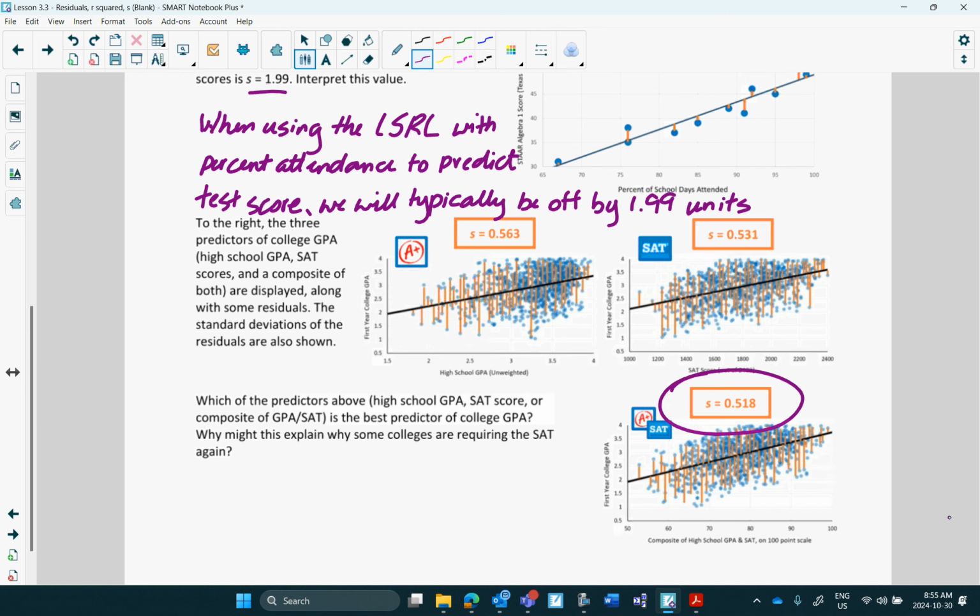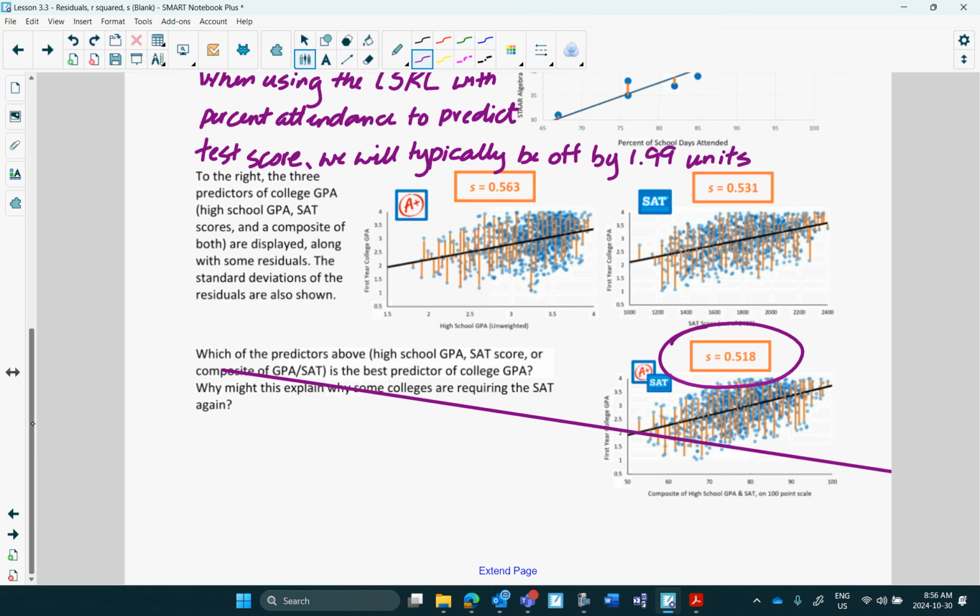So that tells us, because this is lower than this and this, not by much, but it's still lower, that this would probably be the best predictor. So we can be a little bit more accurate in saying that rather than just eyeball, because we've got an actual measure that we can use.